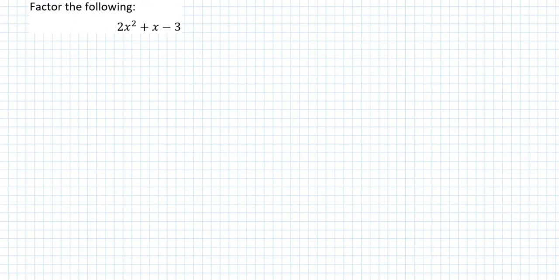We're going to show you how to factor this quadratic equation and use our same method that we looked at in the past videos. Okay, so once again, we need to recognize that this is in standard form, and standard form is ax squared plus bx plus c.